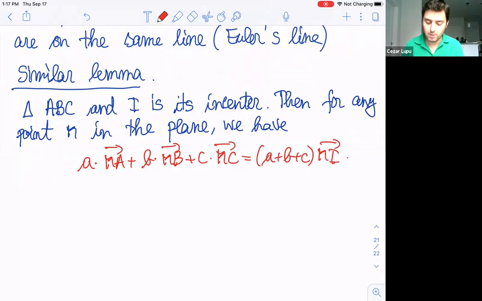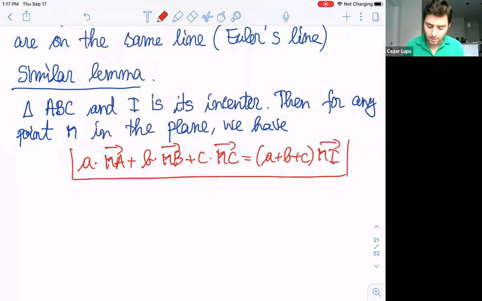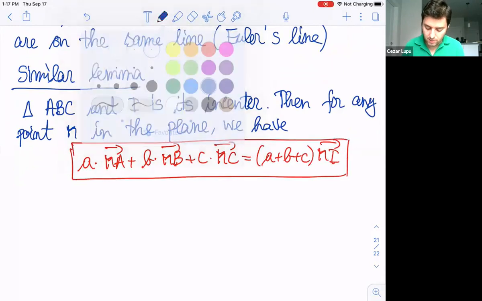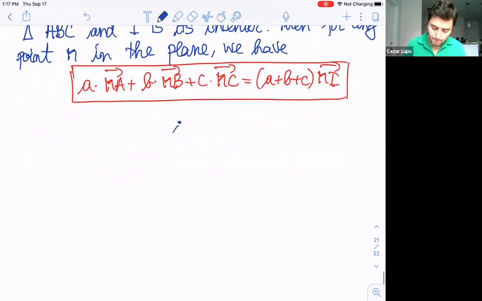Wow. And let me explain this. So we have this equality, which will be similar. And once I draw the picture, you will see exactly what I mean by that.